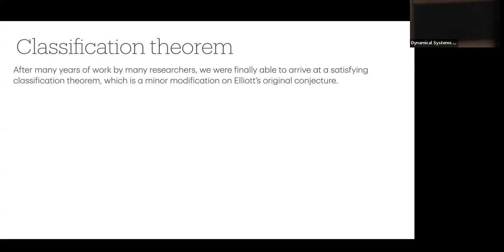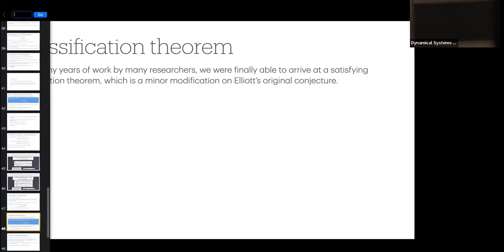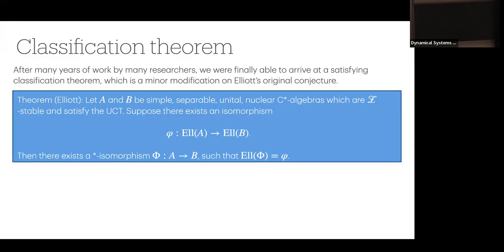In addition to infinite dimensionality, or actually, instead, we ask that this holds. We ask that A is isomorphic to A tensor Z, and we call such a C-star algebra Z-stable. After many years, this conjecture actually turned out to be almost true, which is really quite amazing. And here's the refined version.